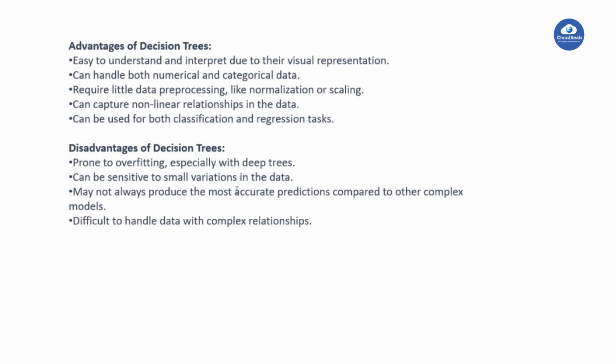That type of small variation will have an effect. It may not always produce the most accurate predictions. It is difficult to handle data with complex relationships. That means, take an ID: if we have that type of high variation, it is very complex to classify the classes and to predict the regression values.